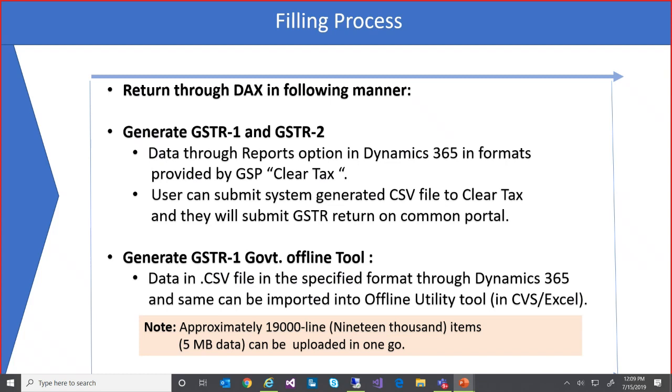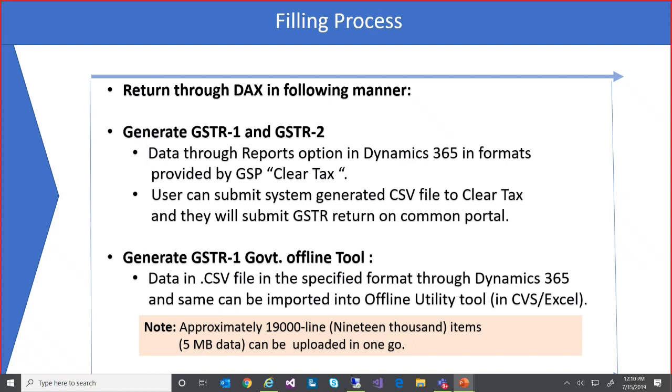You just have to generate the data in GSTR-1 and 2 format, which is a CSV format, and hand it over to ClearTax, and ClearTax will take care of the further requirements. Like, they will generate the HSN summary and a document summary for any assessee. That is one option we provided to the customers.